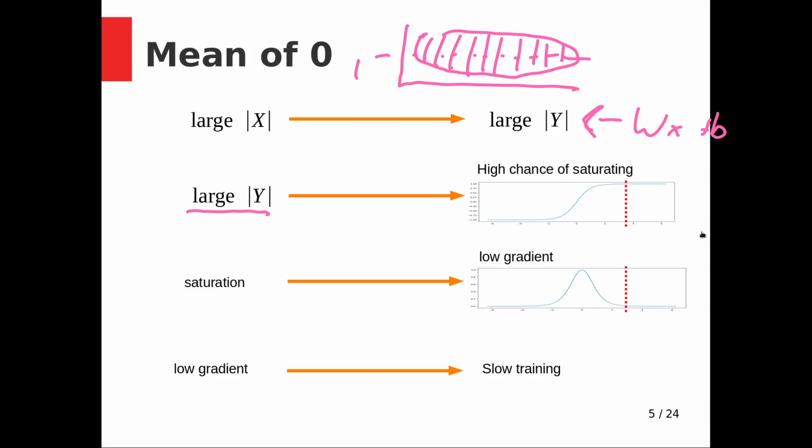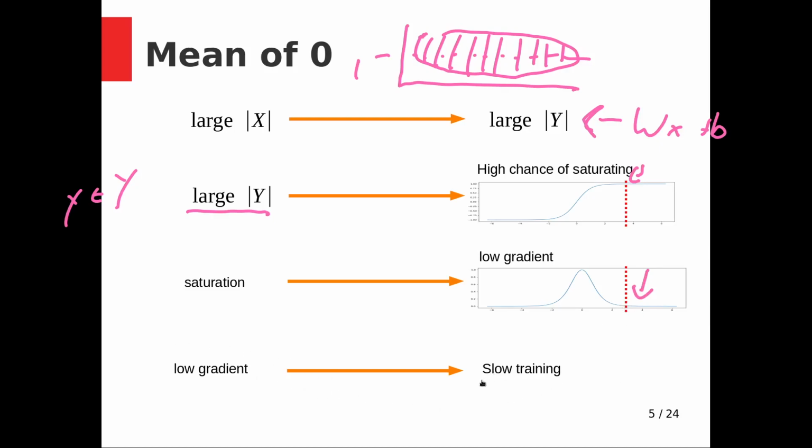If our y is large, then we are likely to have a lot of our sort of little y in y, our individual activations, land in the saturated region of tanh. And if they do that, we're going to get, right, no gradient.